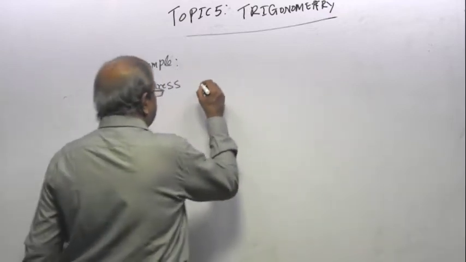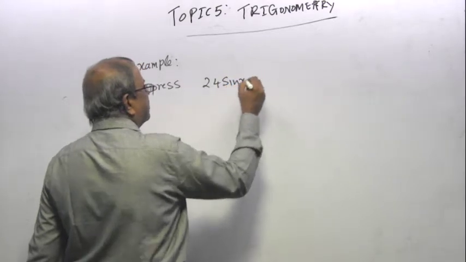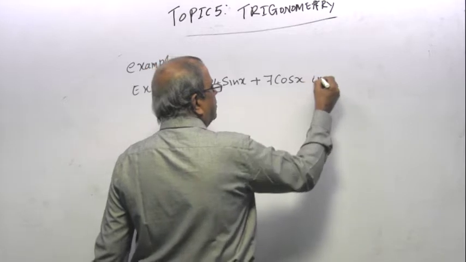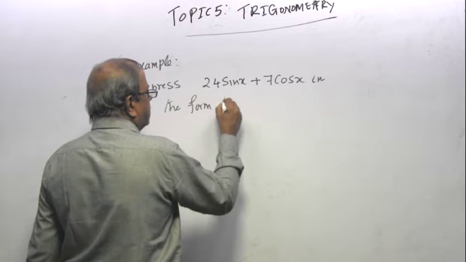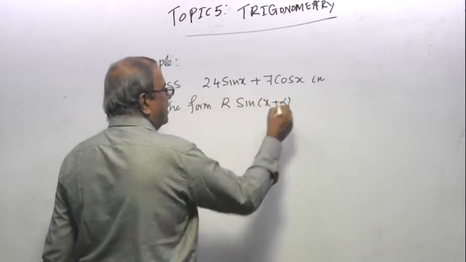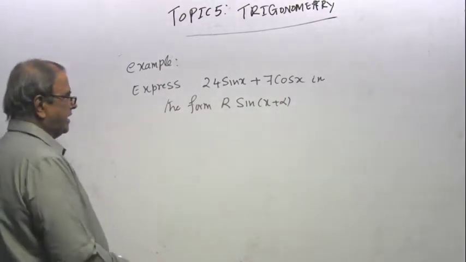So let's use that. Express 24 sin x plus 7 cos x in the form R sin(x plus alpha), where R is greater than 0 and alpha is between 0 and 90.